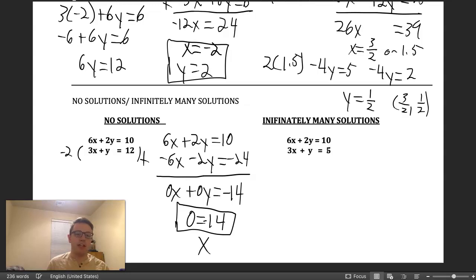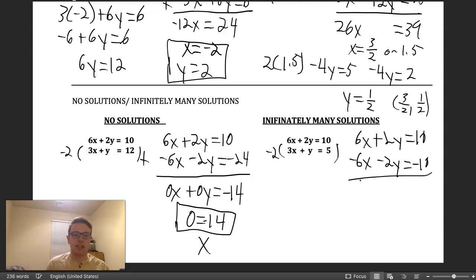Same thing will be true for infinitely many solutions, where we're going to again multiply by minus 2 on the bottom. We're going to get 6x plus 2y is equal to 10, and we're going to get minus 6x minus 2y is equal to minus 10.